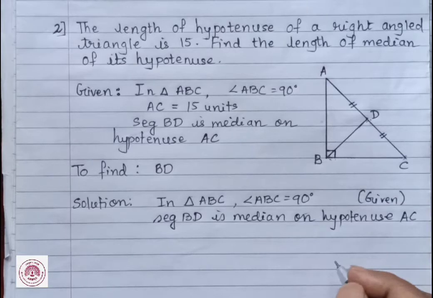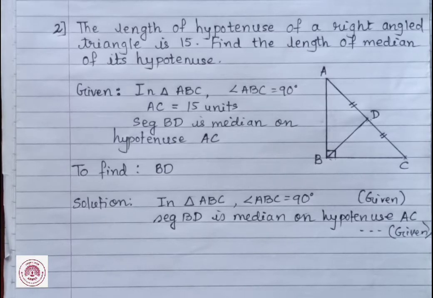So this is also given. Now we have seen the property of median. According to that, the median drawn on the hypotenuse, its length is half of the hypotenuse. This theorem we have already learned. So let's apply this theorem.